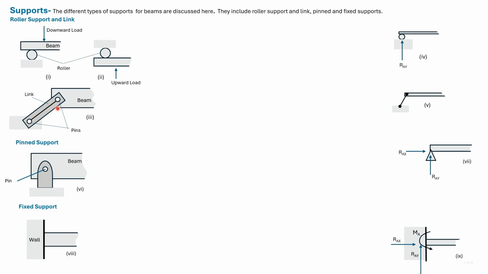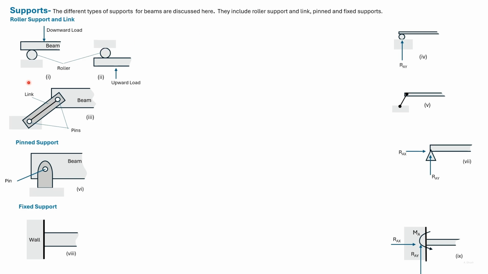Here we see a link which can provide a support to an axial tensile force or compressive force. Thus, it can withstand a push or a pull in the axial direction. A link can provide a reaction to a force for which the vertical to horizontal ratio is fixed.